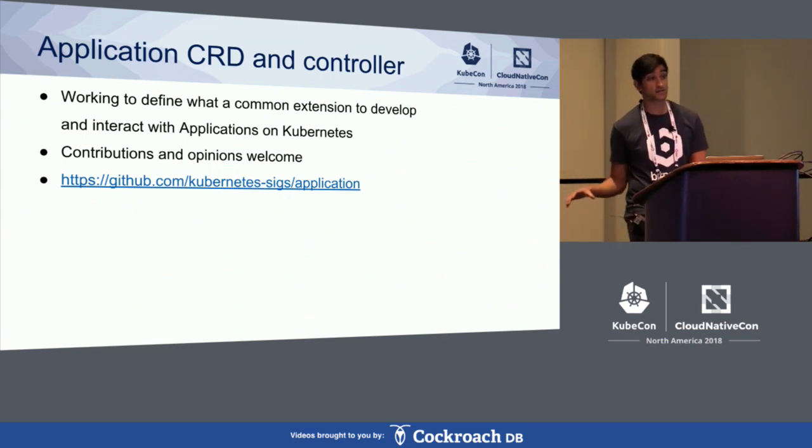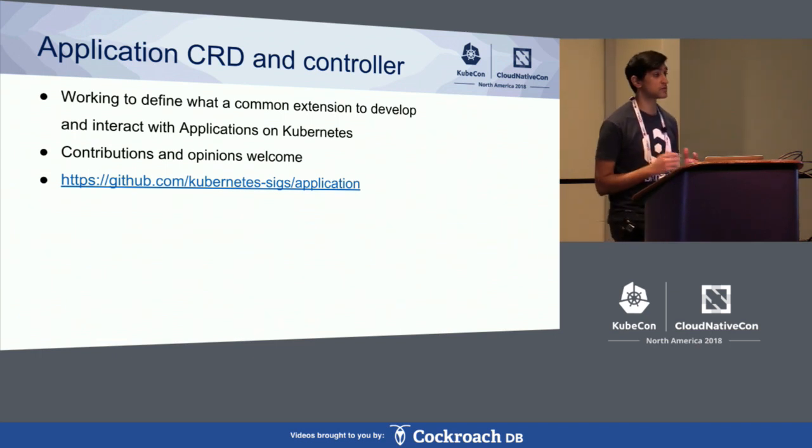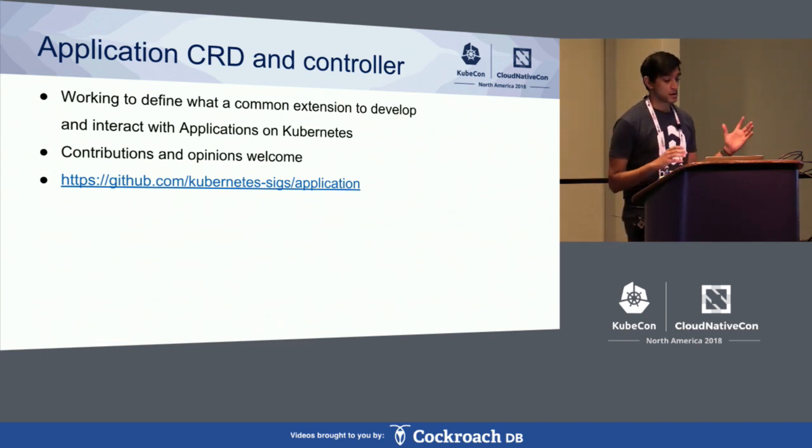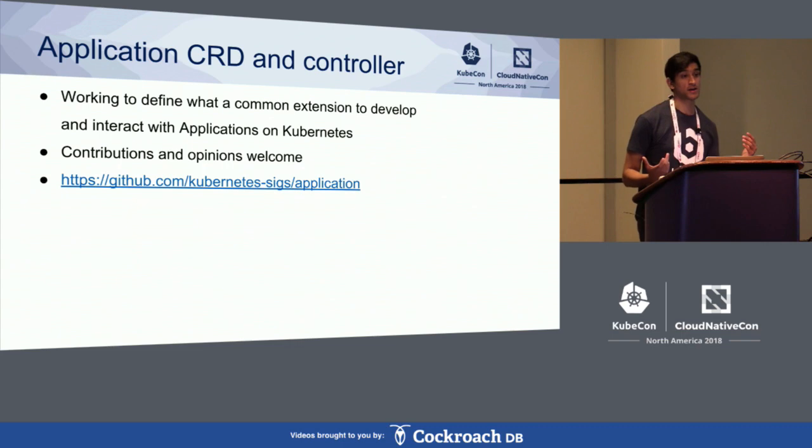That would still be delegated to tools like Helm or kubectl itself, or Jsonnet or Ksonnet or whatever you want to use. But the idea is that this will allow a cluster operator to run something like kubectl get applications and see what applications are running in the cluster without having to worry about what tool was used to deploy that application.